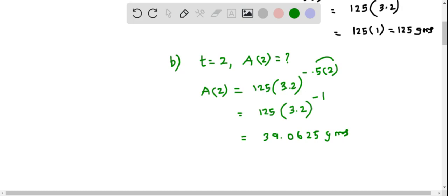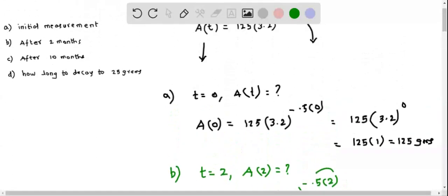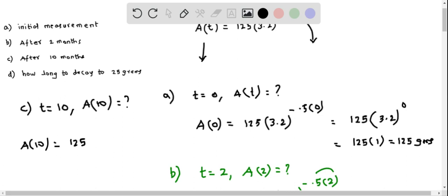In part C, we have to find the amount after 10 months. So we can plug in t equal to 10 into the function. So if t equals 10, we should find A of 10. Let's do that. A of 10 equals 125 times 3.2 raised to the power of negative 0.5 times 10.